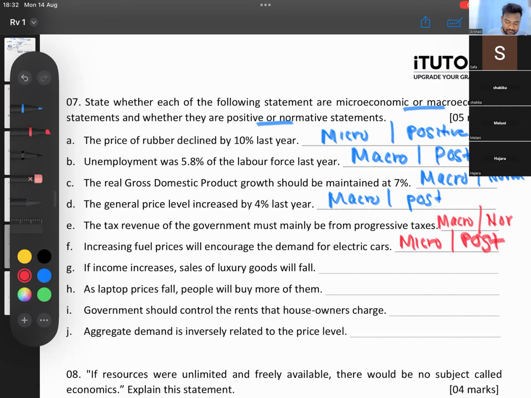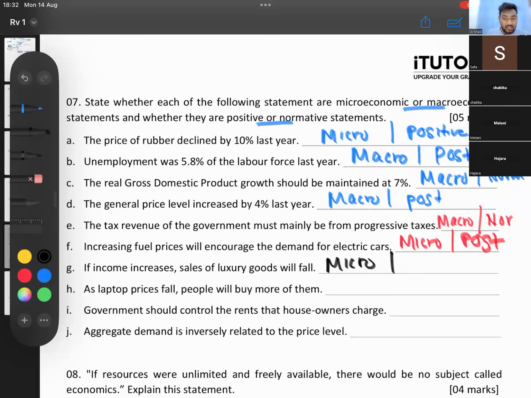Then this one: if income increases, sale of luxury goods will fall. Micro or macro? Income increases, sale of luxury goods. One small part, guys. Micro, right? You're talking about luxury goods. Micro. Then positive or normative?